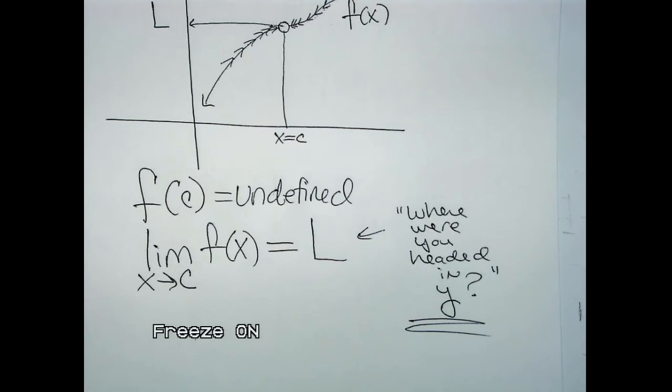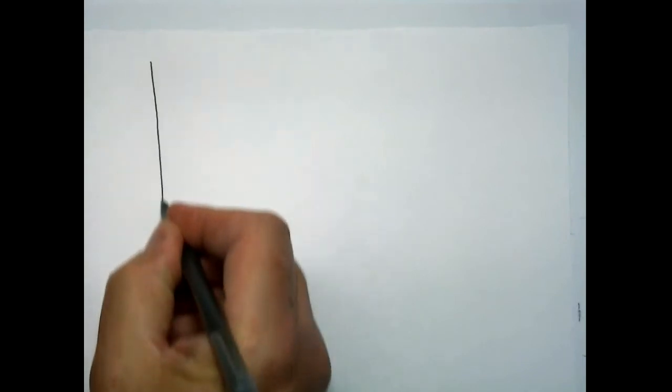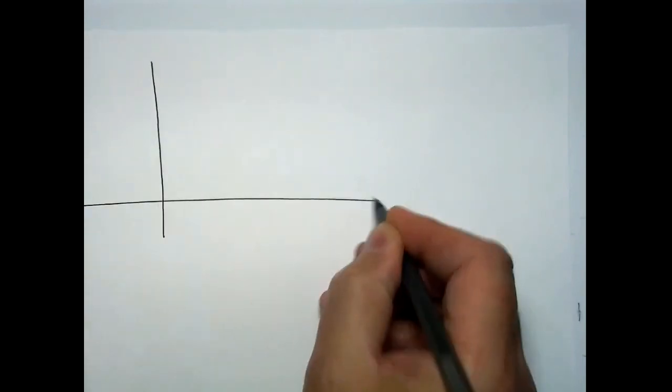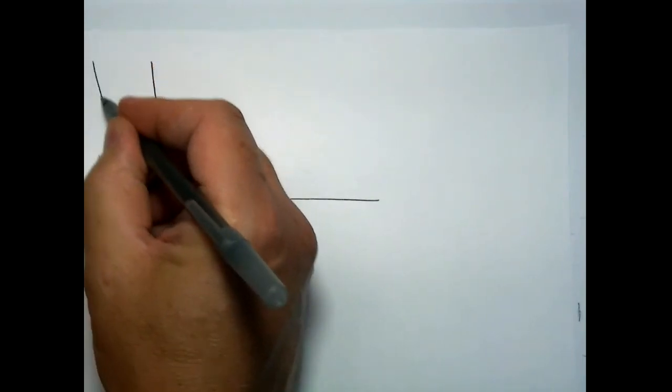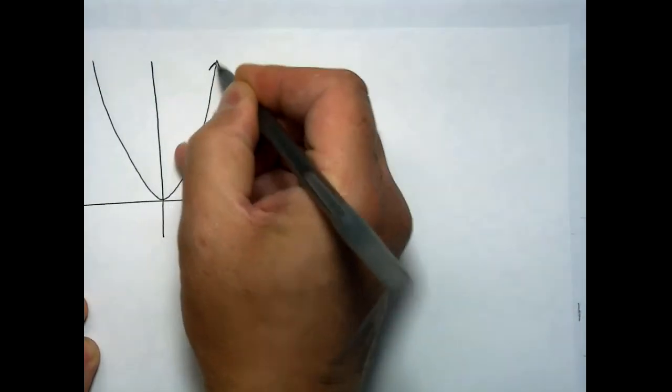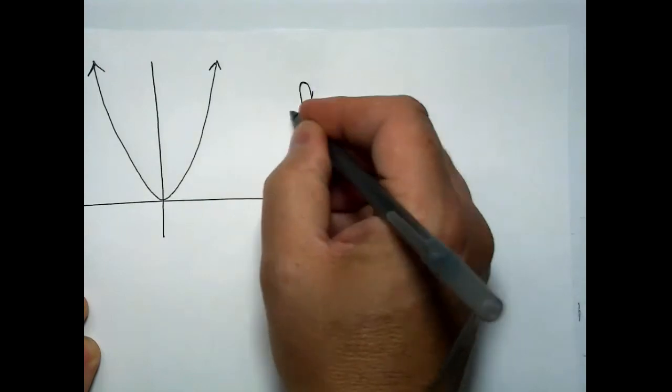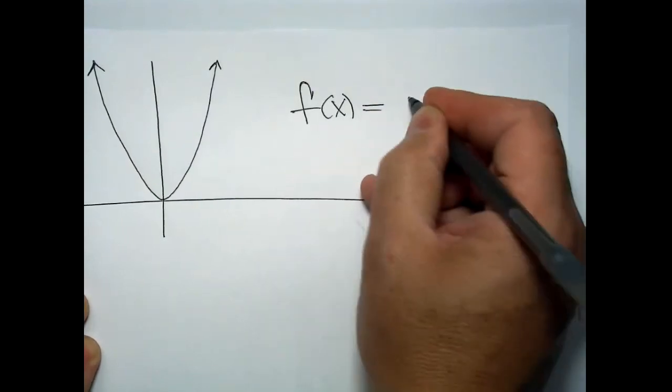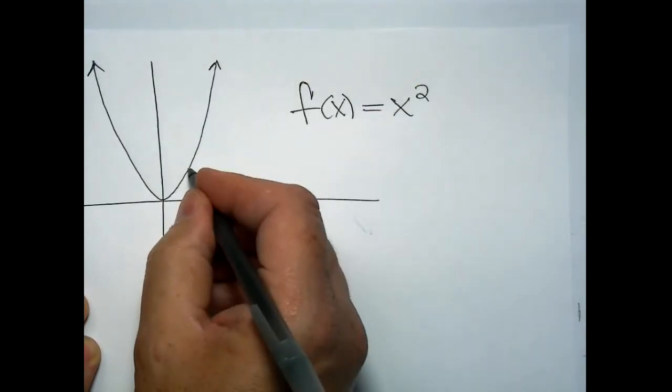Let's do some of these graphically. If you want to analyze a graph, we can answer that question. So I'm going to give you a graph right here. It's a parabola. Let's make it simple. F of x equals x squared.